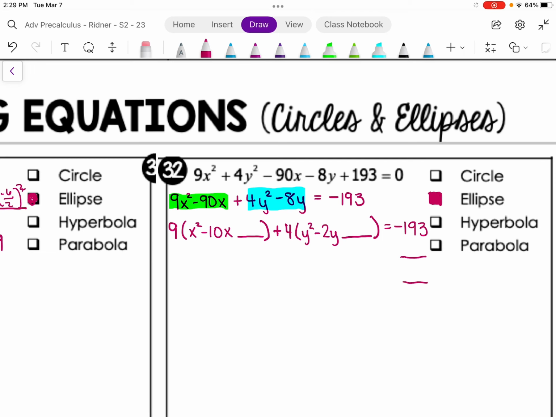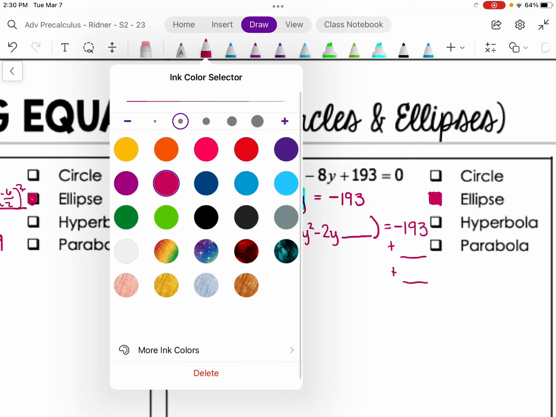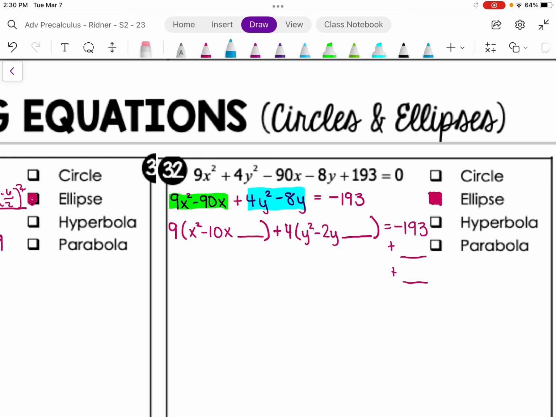Now, this is where it gets really tricky and people mess up. Yes, I'm going to add b over 2 squared there. But because of the distributive property, I'm actually going to have 9 times whatever I add there. And 4 times whatever I add there. So I'm actually going to have 9 times that and 4 times the b over 2 squared.